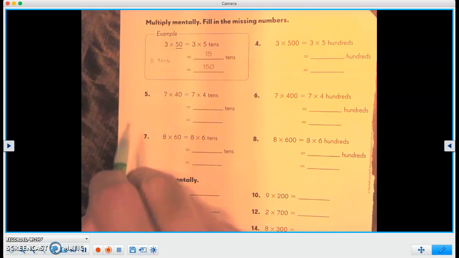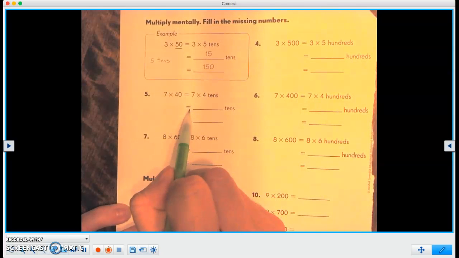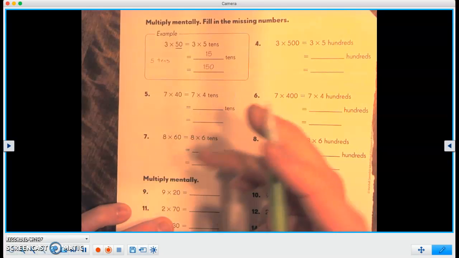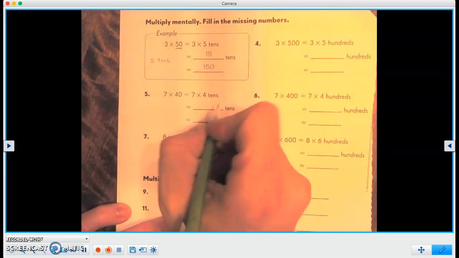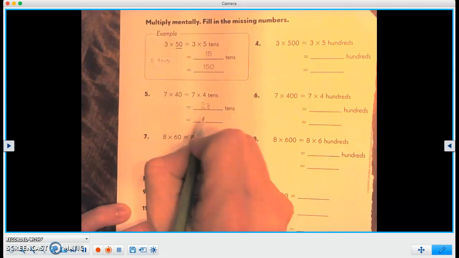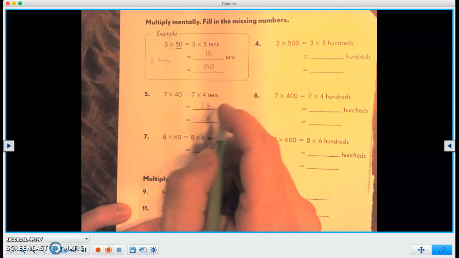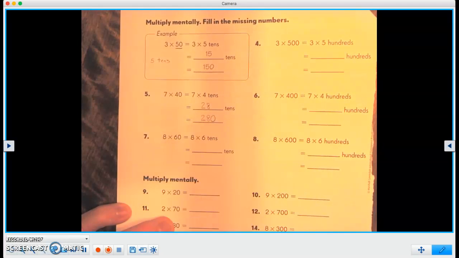So 7 times 40 equals 7 times 4 tens, which equals, well, 7 times 4 is 28. So that's 28 tens. So I can write 28 again, but 28 tens makes it 280. Okay? And then we're going to go down to number 7.